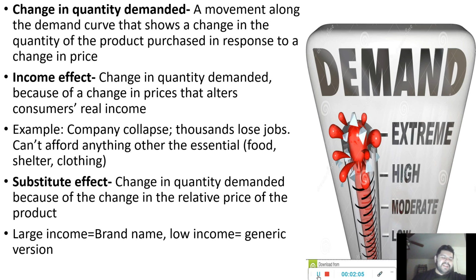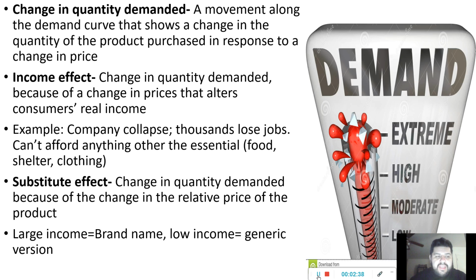Income effect. This is kind of interesting, because a change in quantity demanded happens because of prices that alter the customer's real income. For example, if someone's working at a company and all of a sudden it fails, goes to Chapter 11, and they're closing the doors, the people who work there are going to lose their jobs. No more paychecks will be coming in.